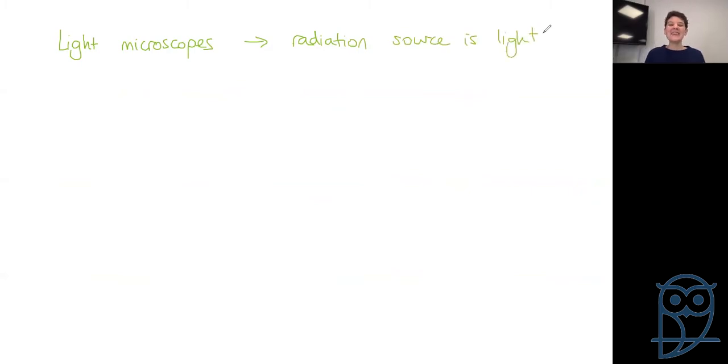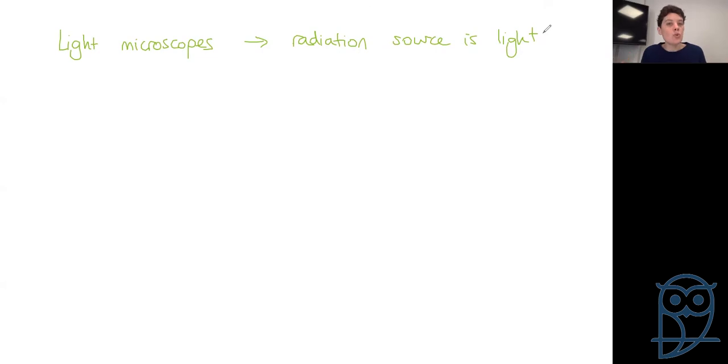So, light microscopes. Their radiation source is light. Magic, hey? So we need to think then about what would be their maximum resolution. Well, remember we said that the limit of resolution is half the wavelength.